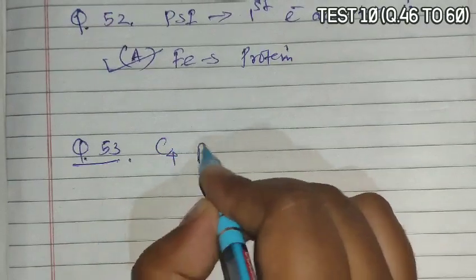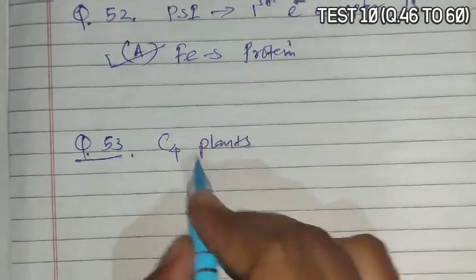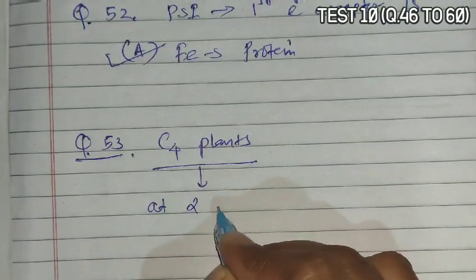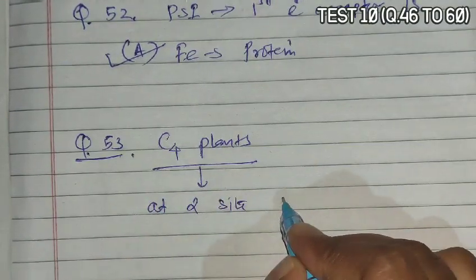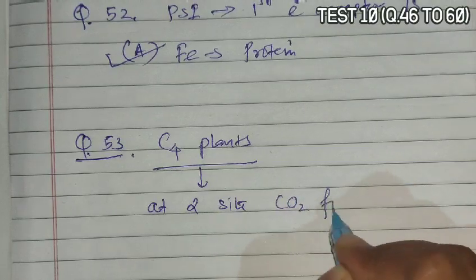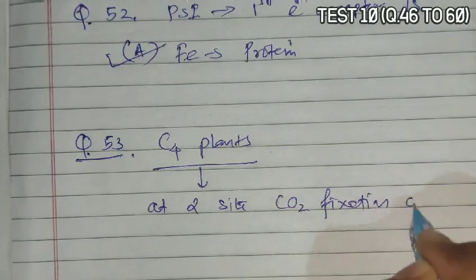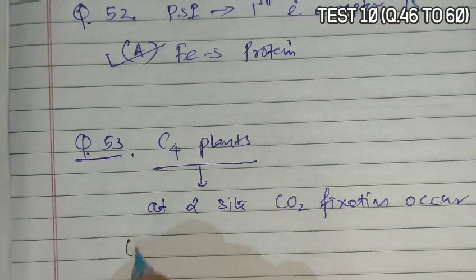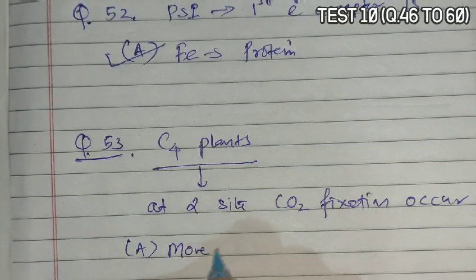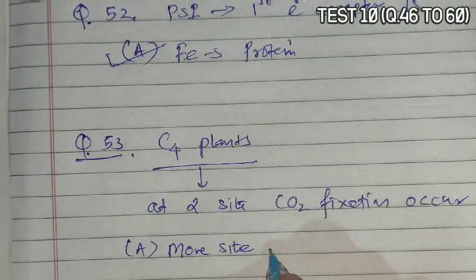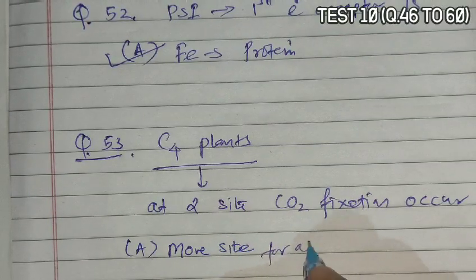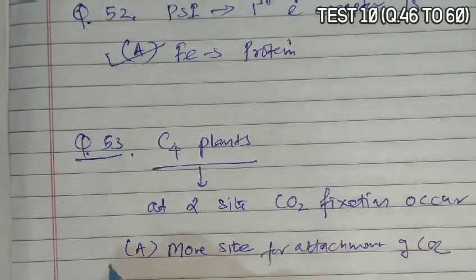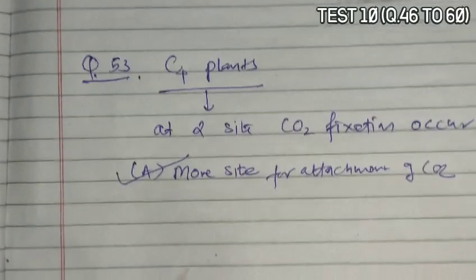In C4 plants, CO2 fixation occurs at two sites, one is the mesophyll cell and one is the bundle sheath cell. So if they have more sites for attachment of CO2, then that becomes the correct answer.